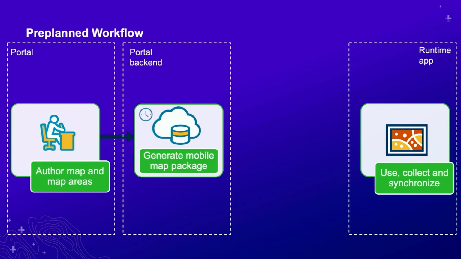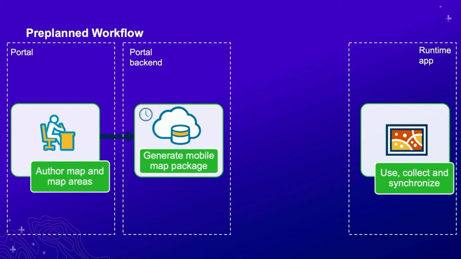The portal generates these map packages. It can do it on a one-off basis, or on a regular basis, maybe every night when you know nobody is stressing your servers, creating all of the mobile map packages.